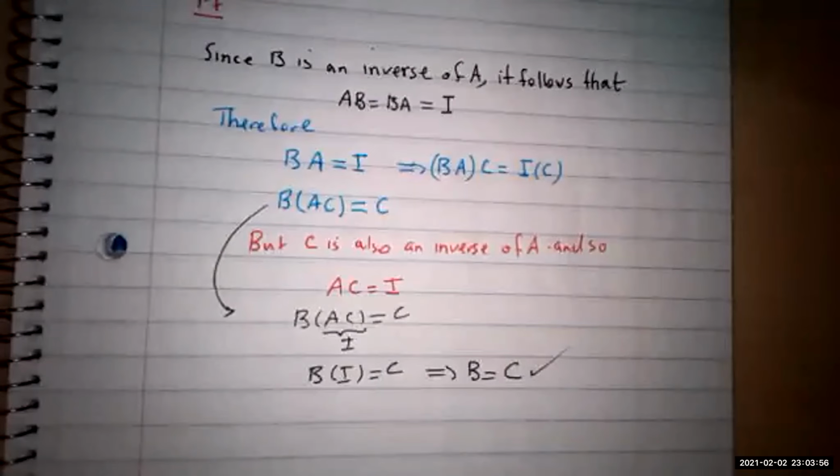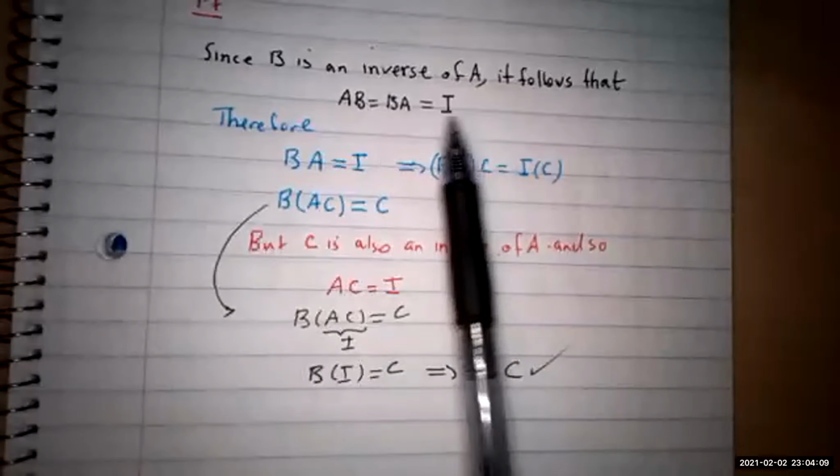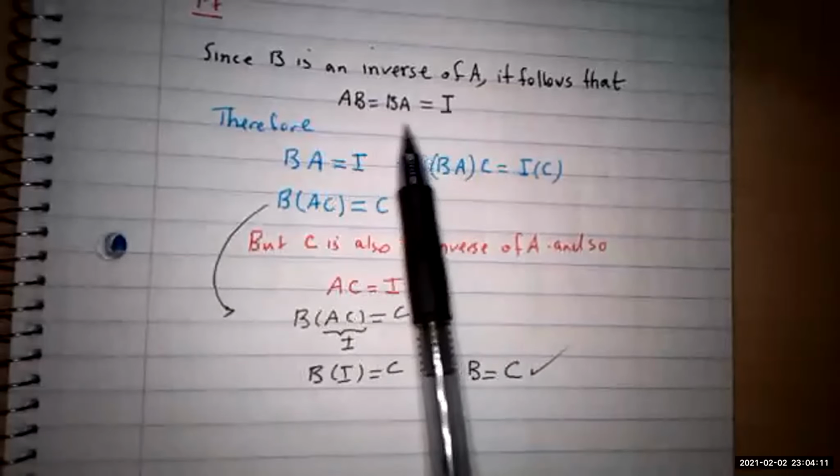So I want to prove that the inverse of a matrix is unique. B is an inverse of A, so it is satisfied.